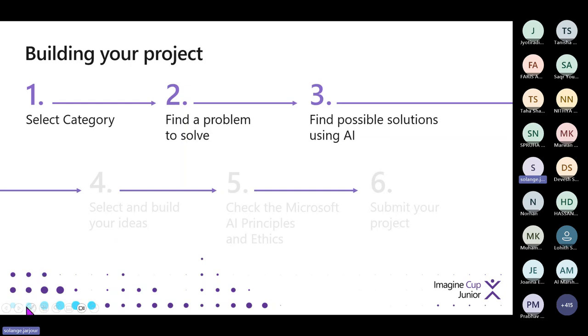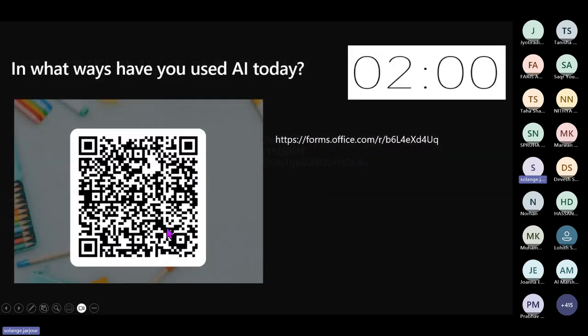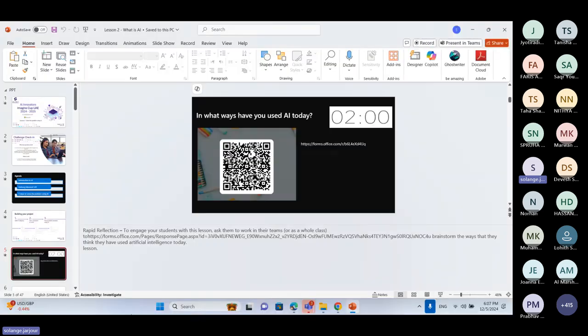Okay, are you ready? Before we proceed, I need to take your input. You know, AI is everywhere. Now, what I need you to do is scan this QR code and write for me in what ways you have used AI today. So let's see your answers. I will be shifting to the forms to check on your answers.